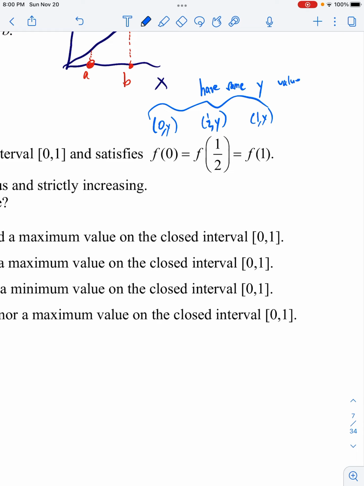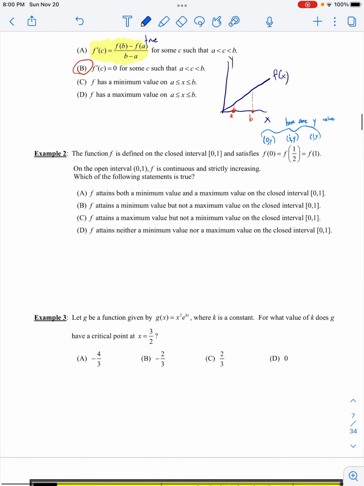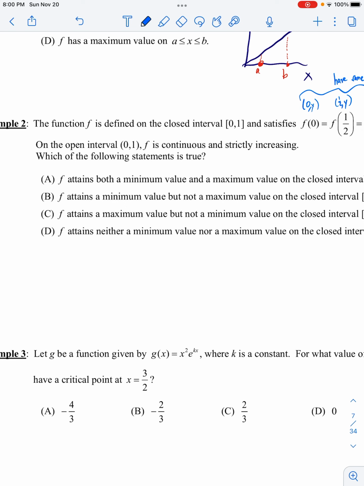Draw a horizontal line that passes through all 3 of these points. On the open interval 0 to 1, f is continuous and strictly increasing. Which of the following statements is true?